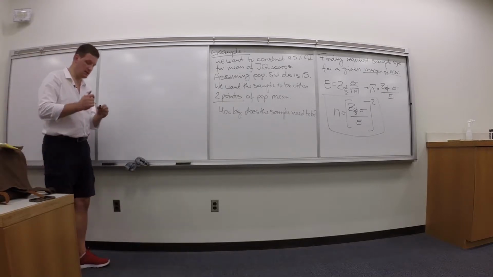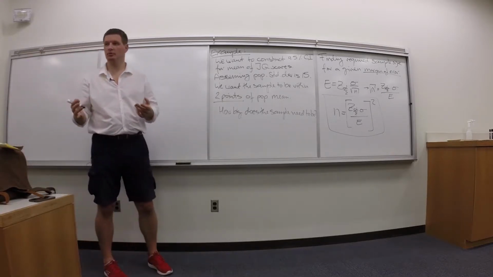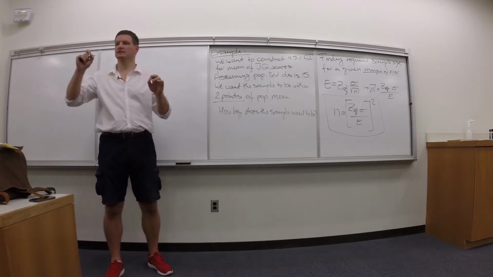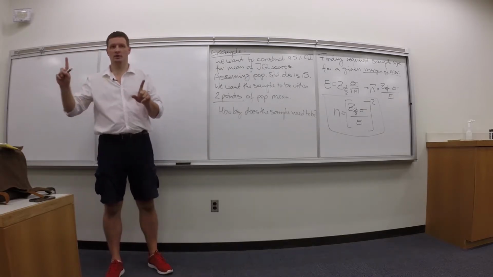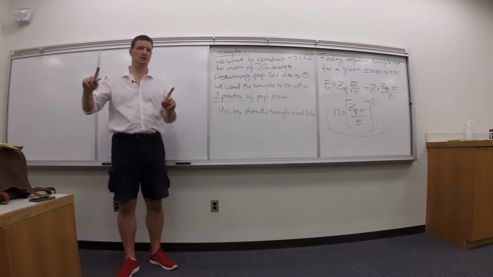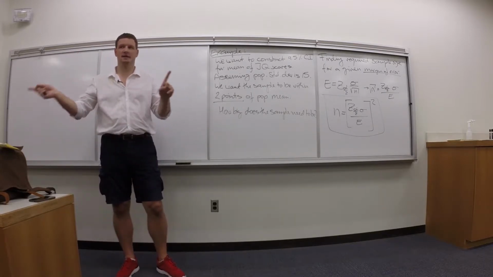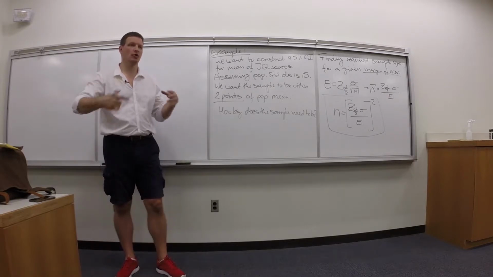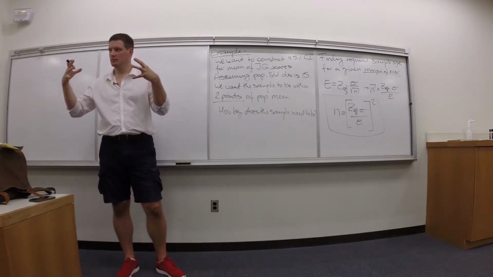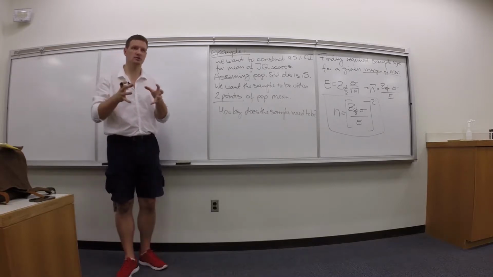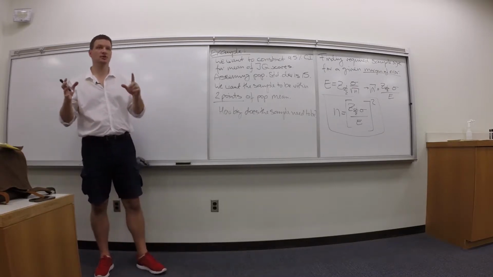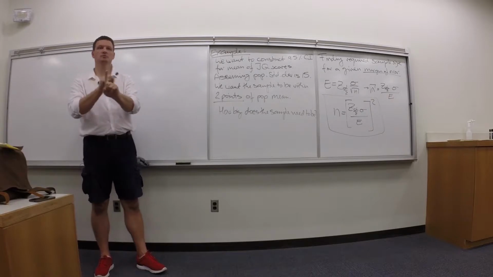Again, the idea is the bigger the sample, the closer the average of that sample is going to be to the population mean. If we just take one person and measure their IQ score, it can be all over the place. But the more people we measure, the more we grow our sample, and the closer the average is going to be to the population mean.